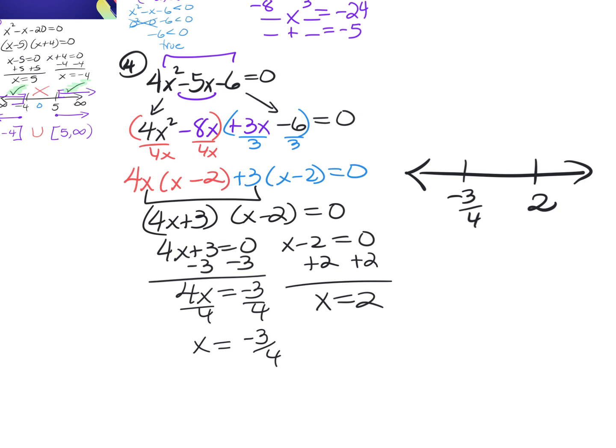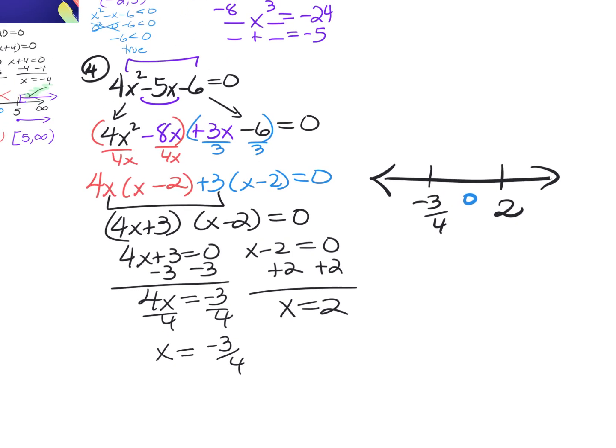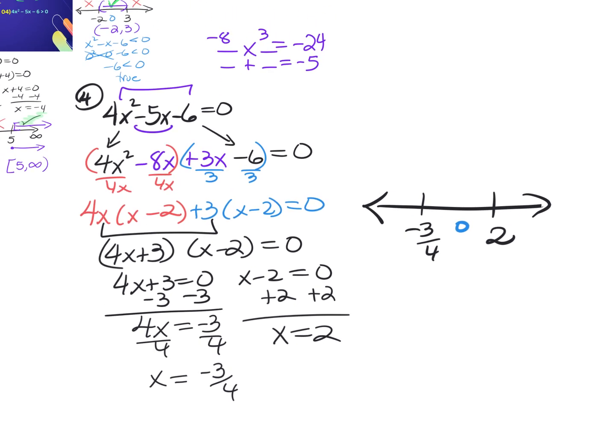I need to find a number to plug into the original to see if I'm going to place an X or a check. I always like 0, so 0 is located right here in between the negative and the positive number. So I'm taking my original problem, which was the 4x squared minus 5x minus 6 greater than 0.